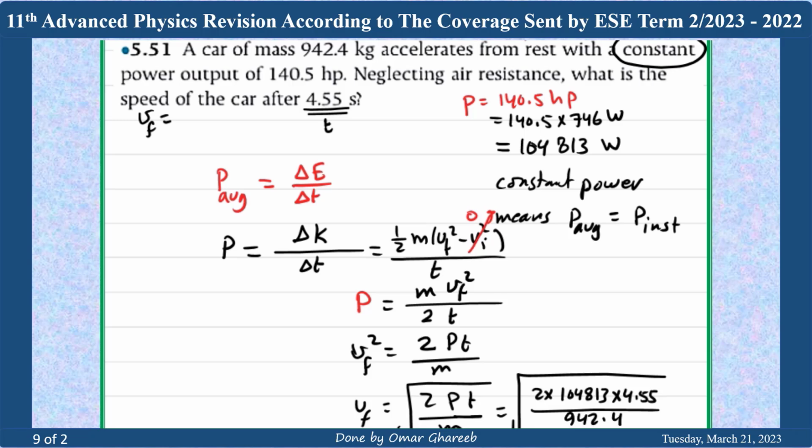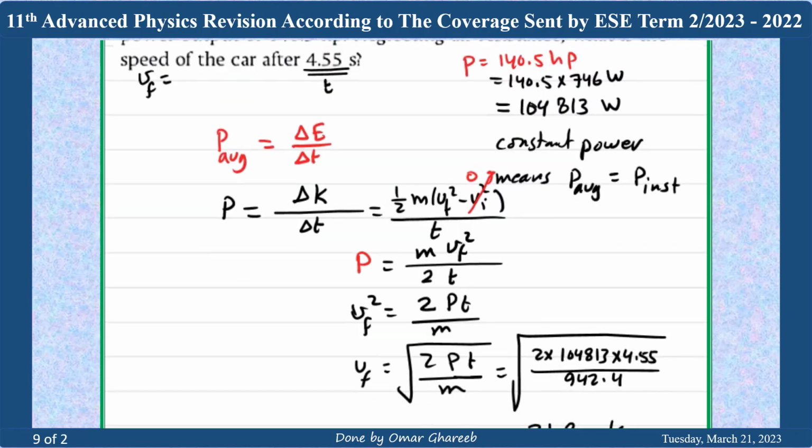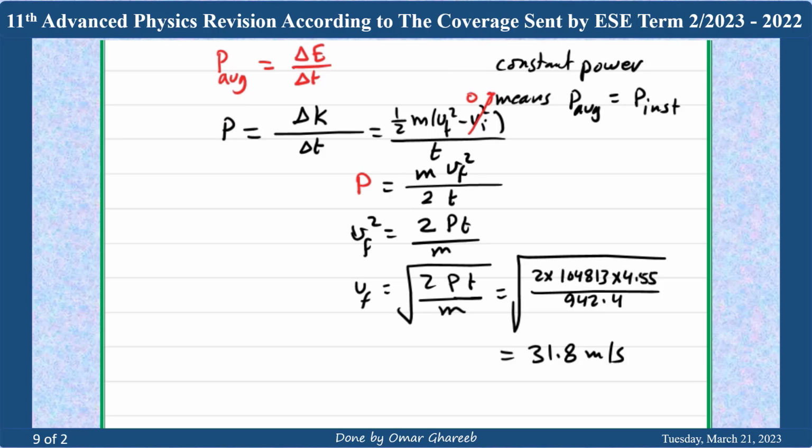And the answer would be 31.8 meters per second. That's it. I hope you understand this. The second one is easier. Do it.